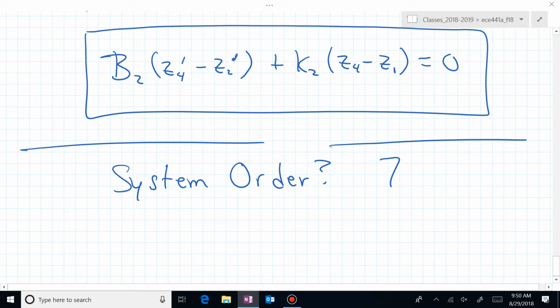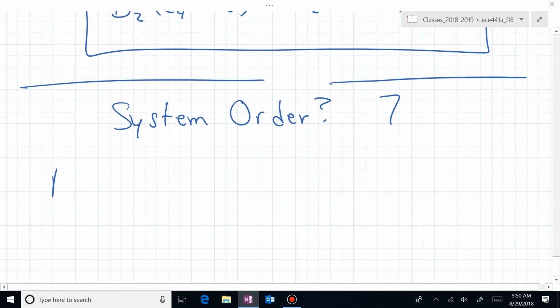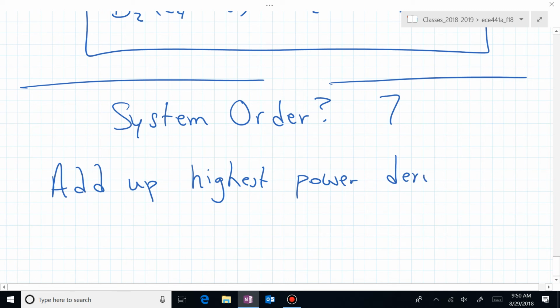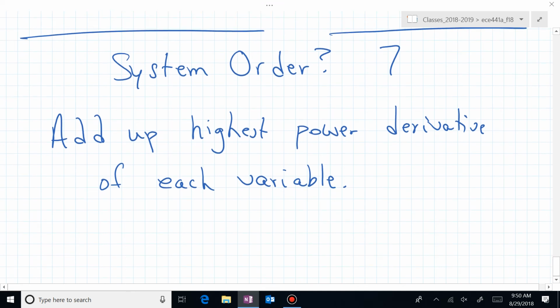Our system order is 7, and we can find that by adding up the highest powered derivative of each variable. The z1, 2. The z2, 2. The z3, 2. The z4, 1. 7th order when you add all of those up. We'll pick up at that point on Friday.